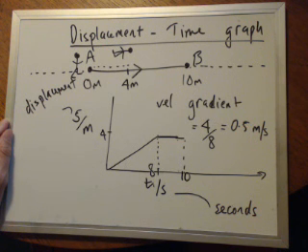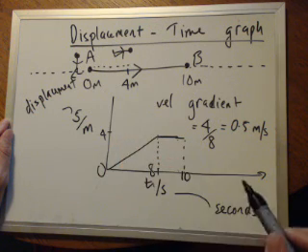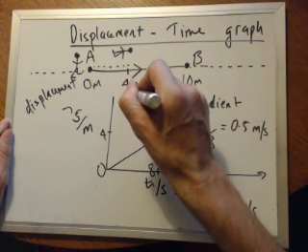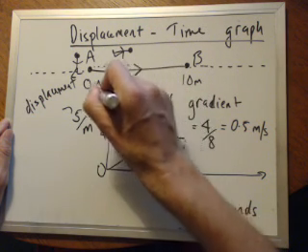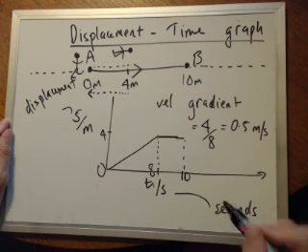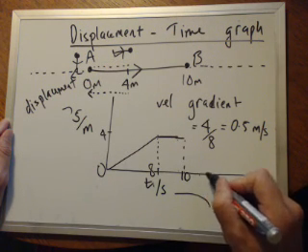Okay, so he's had a rest, and now he decides he's had enough of the rest. He's feeling a little bit homesick, and he wants to return. So he's now going to return to where he came from, back to his starting position. He's going to go a bit faster because he's very homesick.